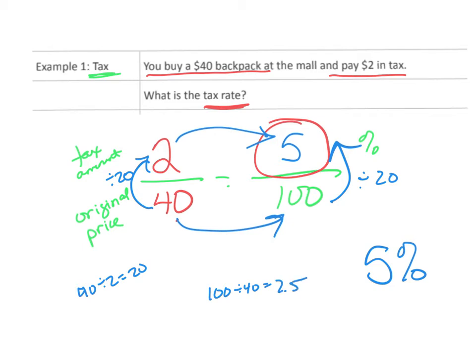So I would basically do 40 times 2.5, because I want to get bigger, and that's going to give us the 100. So if you try it, 40 multiplied by 2.5 does give us 100. So 2 times 2.5 also gives us 5. So then I know that 5% is our tax rate. And I don't care which way you go. It doesn't matter. Either way works.